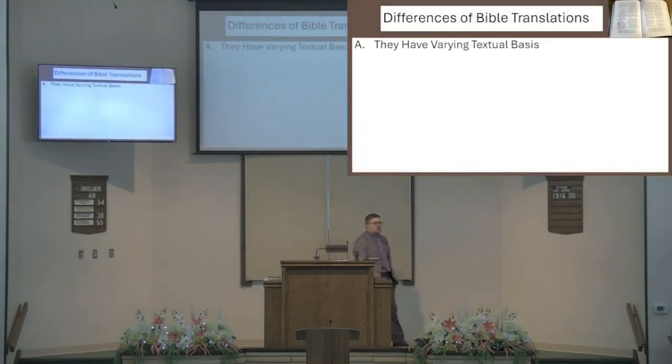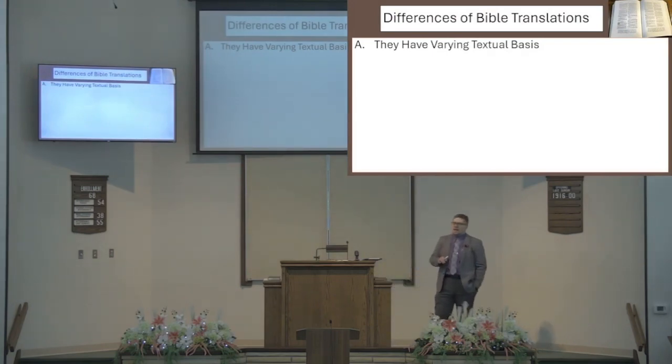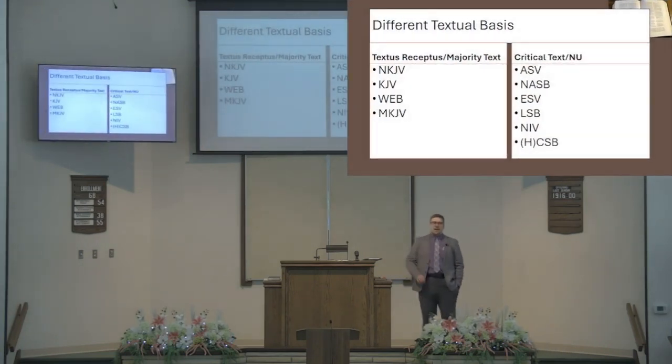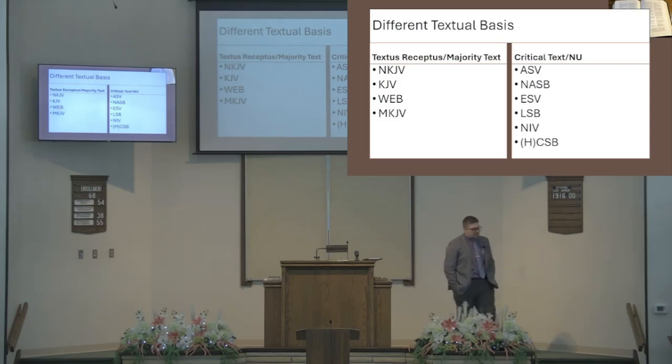The first of those is they have varying textual bases. There are two main groups of text that are used. There is the Textus Receptus or majority text. Those are slightly different. I think, if memory serves correctly, they're something like 99% the same. There are a few exceptions.